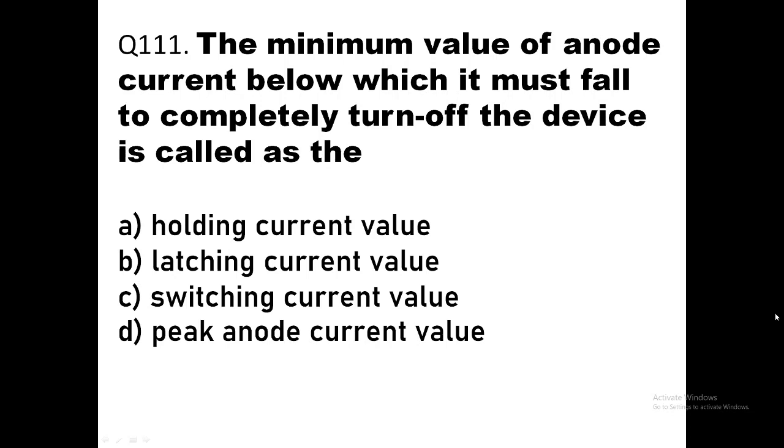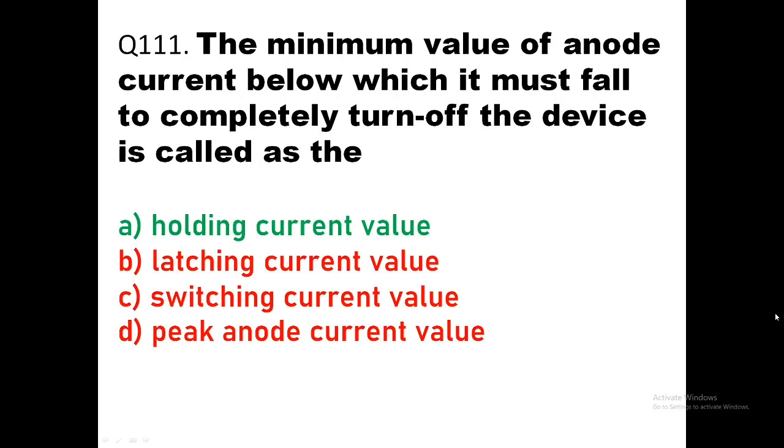But there is one more current, just below the latching current, specified as holding current. If your anode current goes below that holding current, then the SCR will turn off. So the minimum value of anode current below which it must fall to completely turn off the SCR is called the holding current. The answer will be A, holding current.